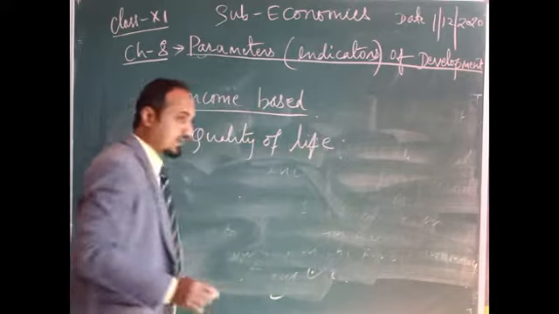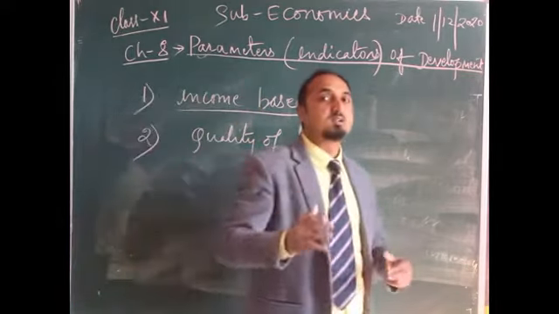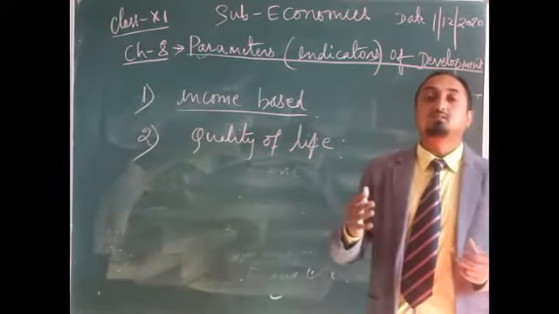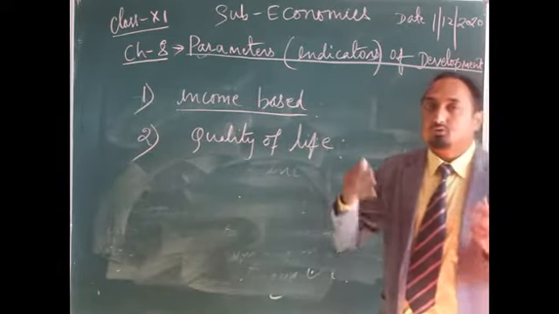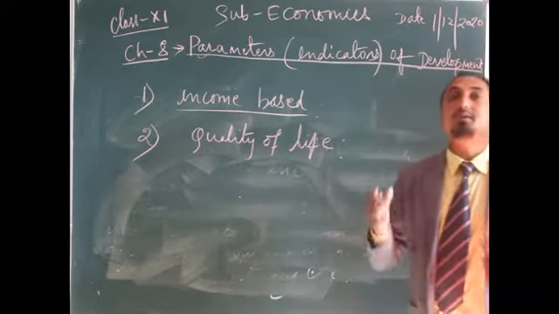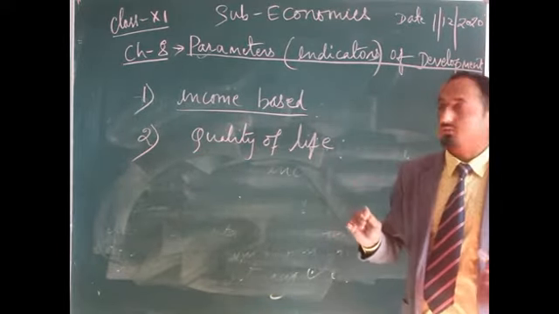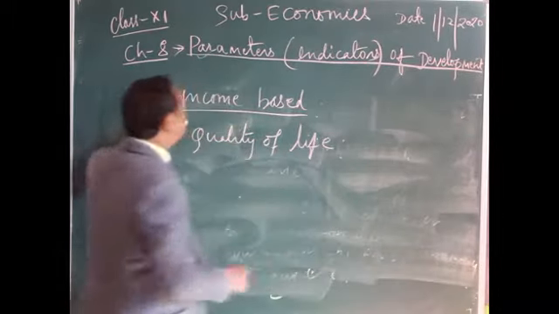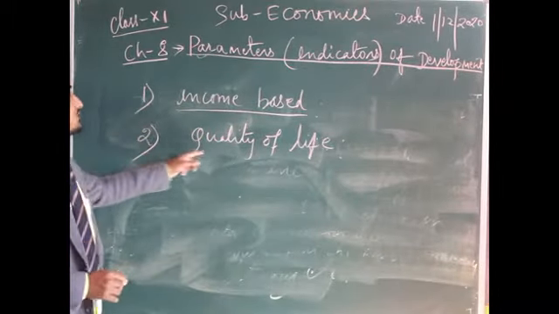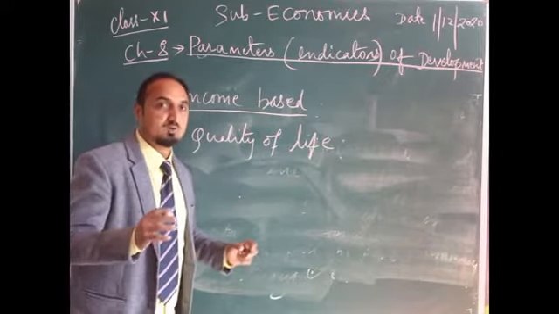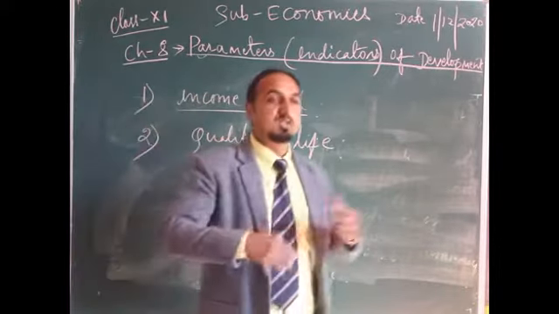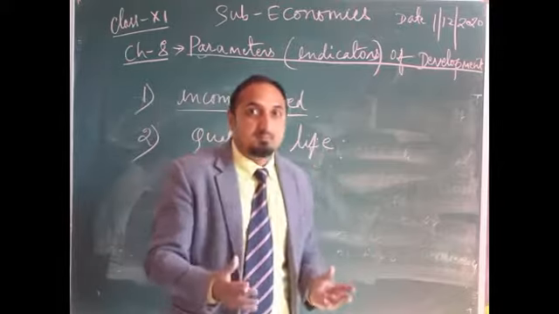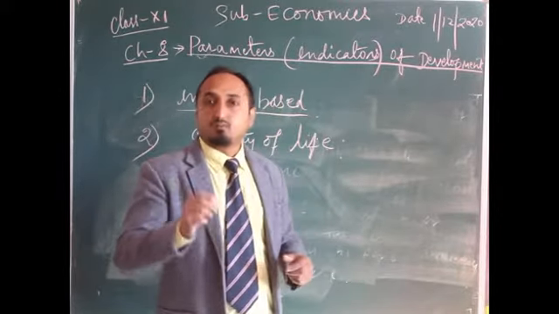Once again, in recent years there are several methods or measures or indicators to measure economic development. Among them, it is classified into two categories: one is income based and the other is quality of life based. Through these two measures we can measure the indicators of economic development.